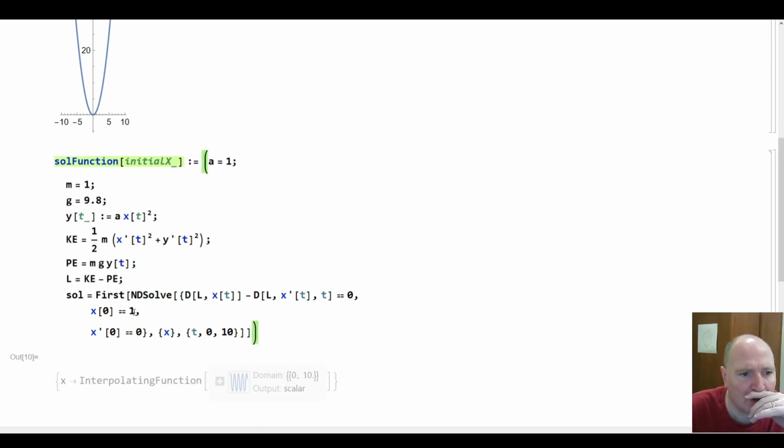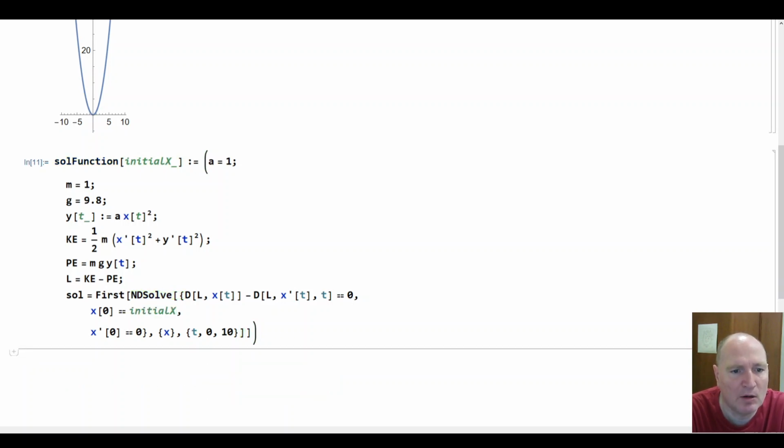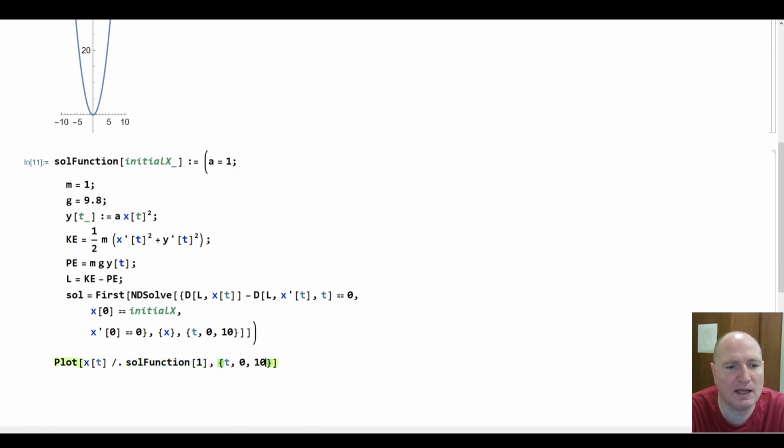And all I'm going to do is put initial x right here. Now let's do plot x of t slash dot sol function 1 as t goes from 0 to 10. Let's see if that works.